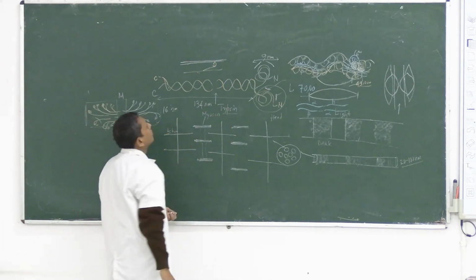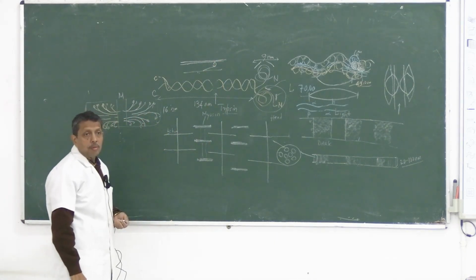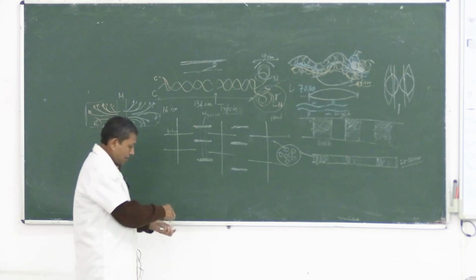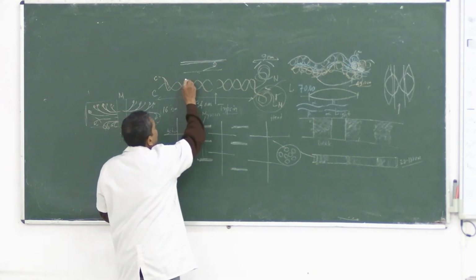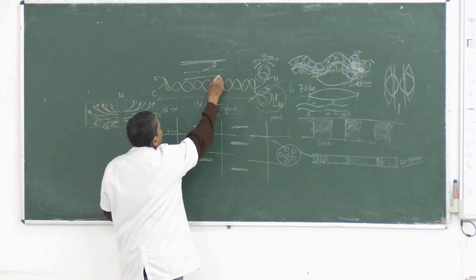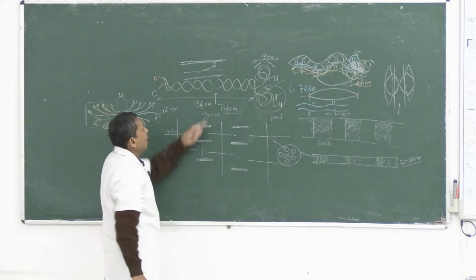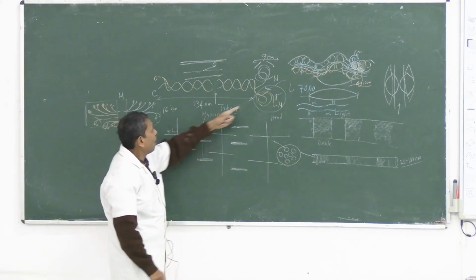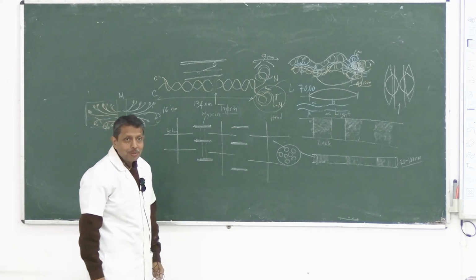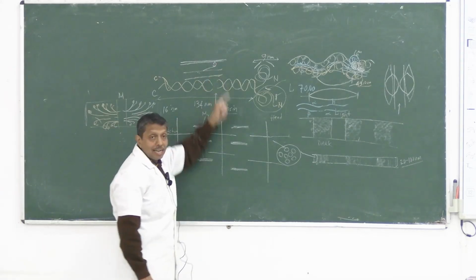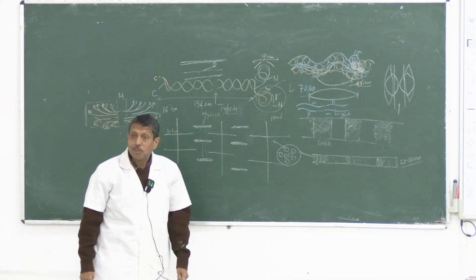It is a single head; there is another head I am not mentioning. From the myosin filament the head part projects, and there is a gap between the actin and myosin normally in the resting condition.